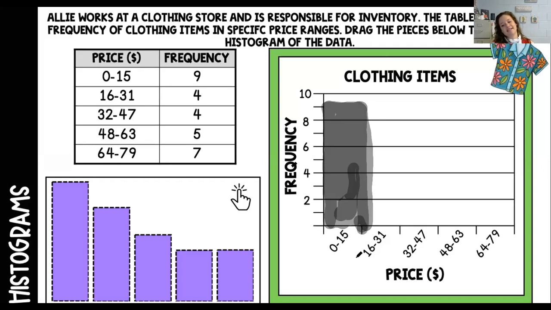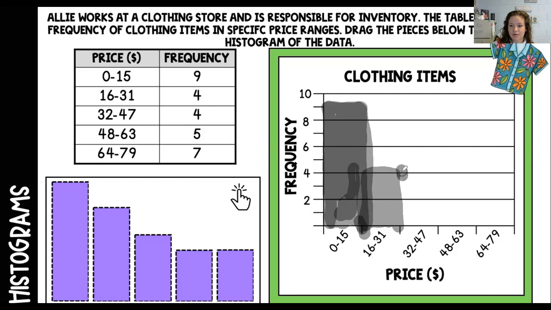Okay, so looking at this, now we're going to go on to the 16 to 31. So what is the frequency of 16 to 31? 4. So we're going to take this bar and we're going to move it up to 4. So we now have that bar as 4. Okay, now let's move to the next one, 32 to 47, which is also 4.